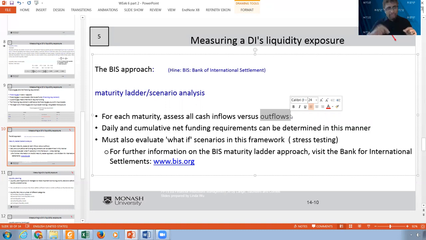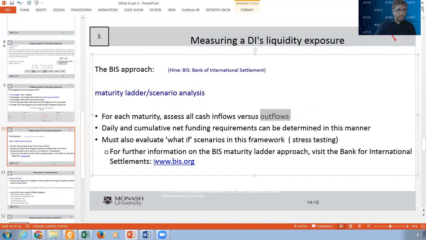If you fail, and this is what central banks are asking from the financial institutions under their jurisdictions, if they fail in addressing that scenario, or what they call liquidity stress testing, then there will be some type of shortcoming in the financial institution. So the bank has to show what it is going to do under different scenarios.